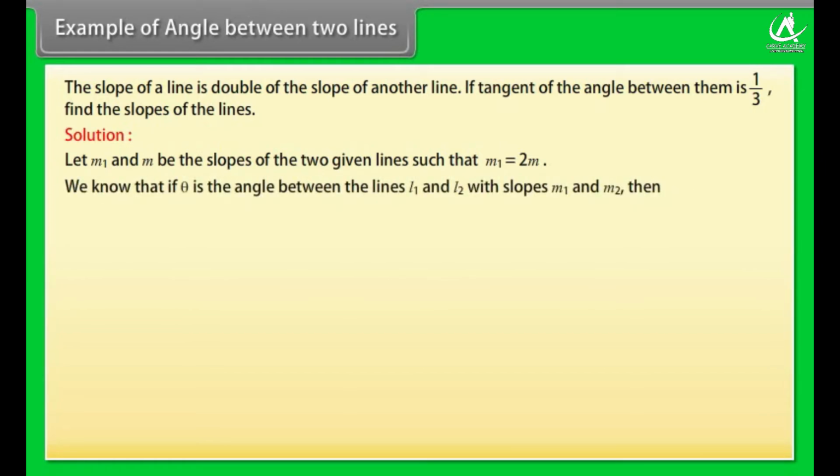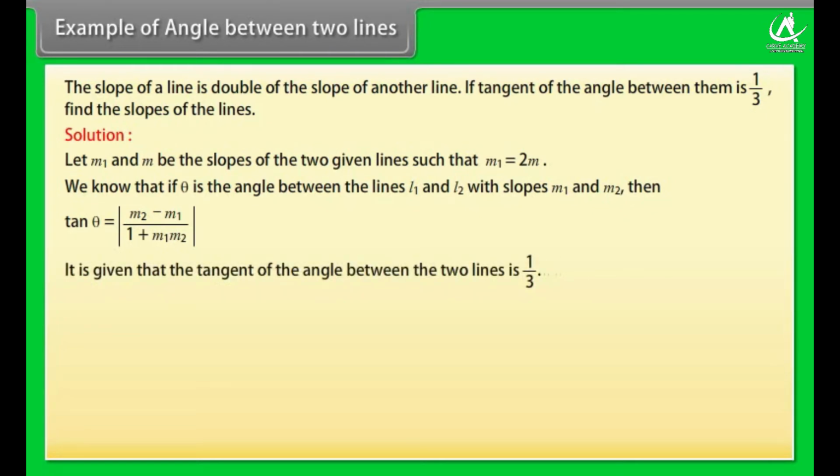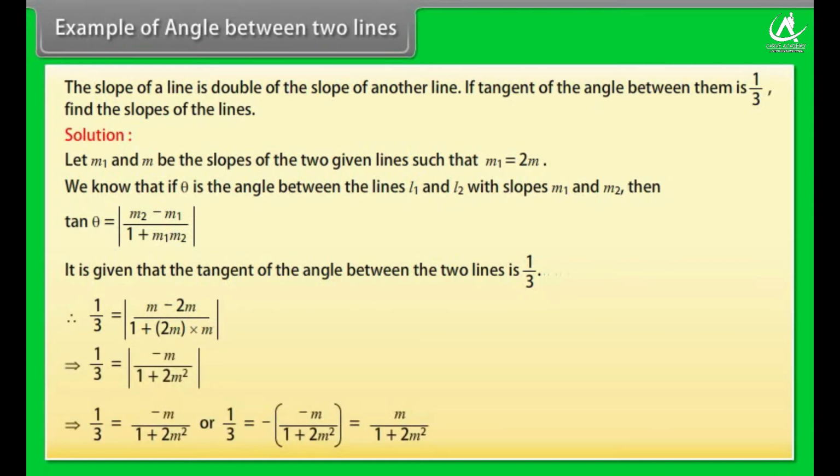We know that if theta is the angle between the lines L1 and L2 with slopes m1 and m2, then tan theta is equal to modulus of (m2 minus m1) divided by (1 plus m1 m2). It is given that the tangent of the angle between the two lines is 1 by 3. Therefore, 1 by 3 is equal to modulus of (m minus 2m) divided by (1 plus 2m into m). On solving, we get modulus of m by (1 plus 2m square).